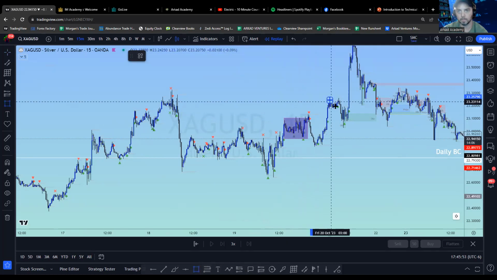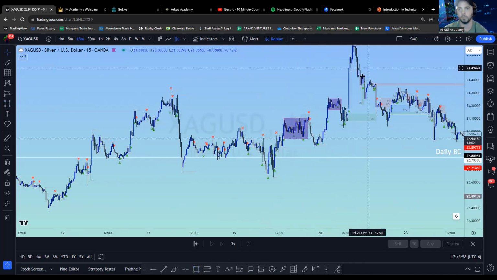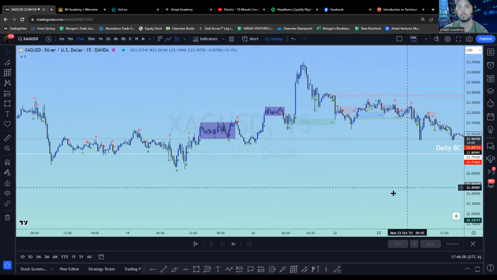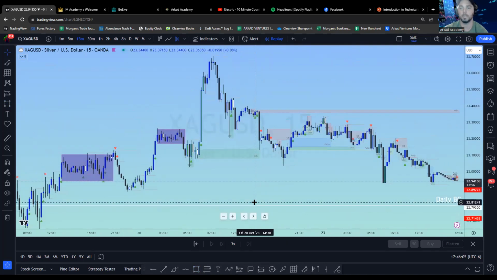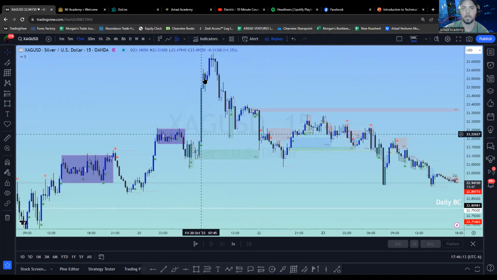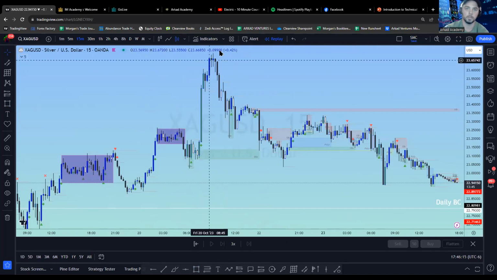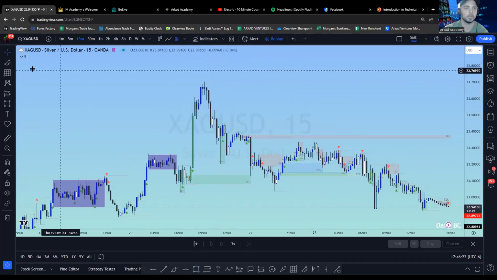More consolidation. They're gathering orders, people's money, because the banks need our money to move price. In order to buy or sell, there needs to be a buyer or seller on the opposite end. That's how you get your equilibrium. Then you can see they bought, sold to buy, creating another demand zone up here, or supply zone rather.